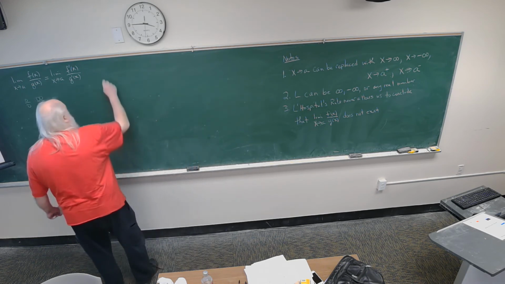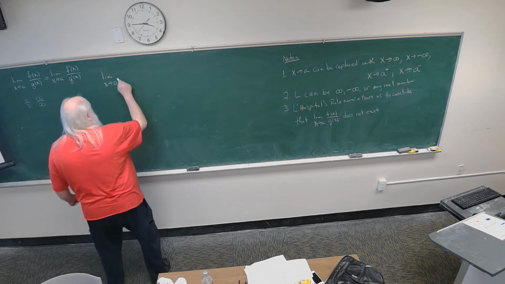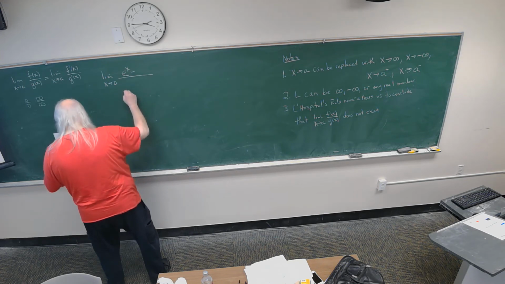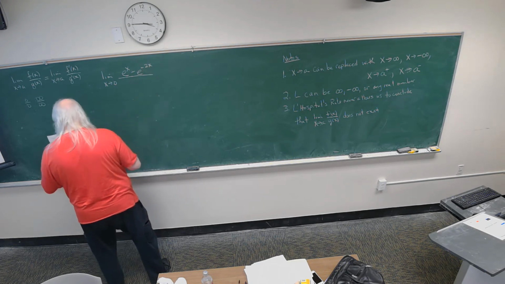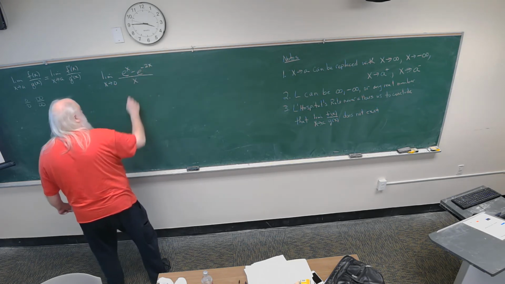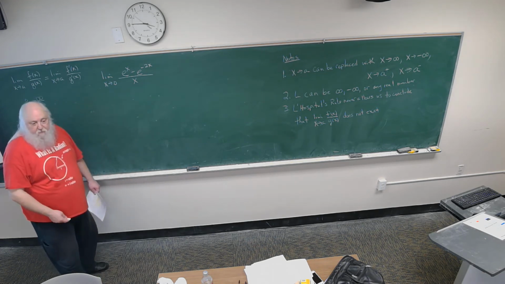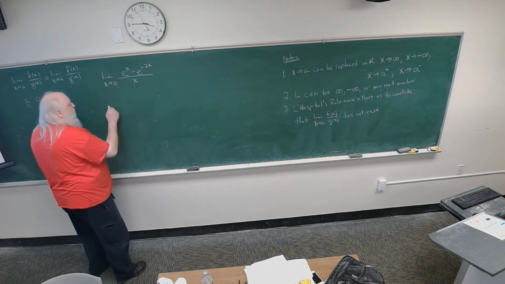So let's evaluate the limit as x approaches 0 of e to the x minus e to the minus 2x, over x. The first step in evaluating a limit is direct substitution. So we put 0 in for x.